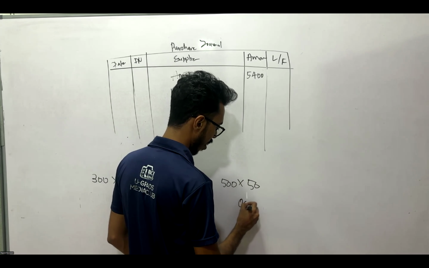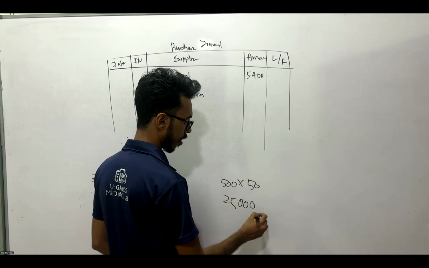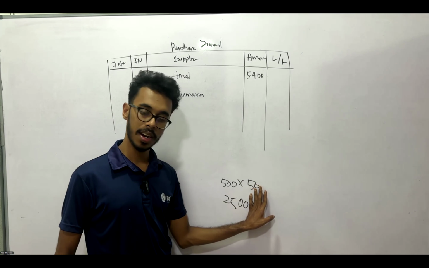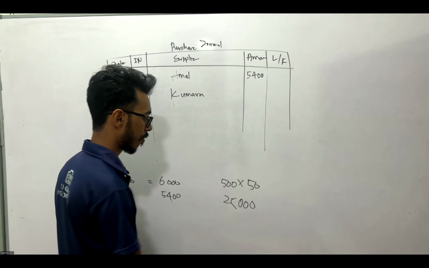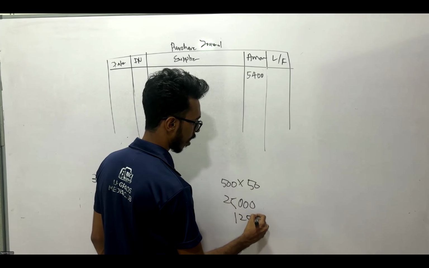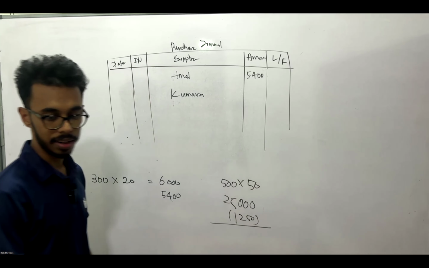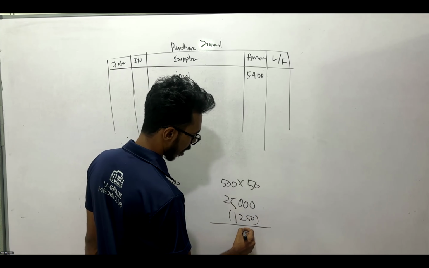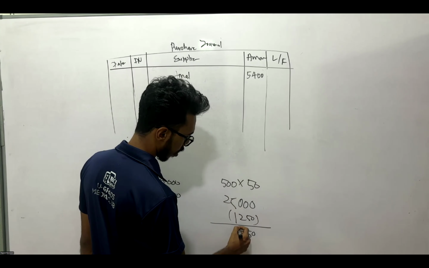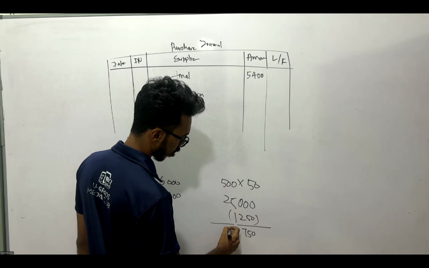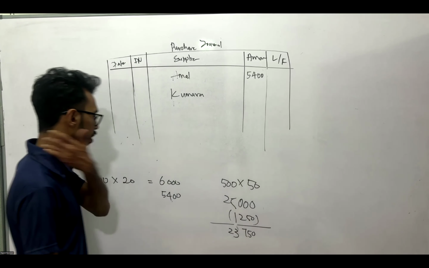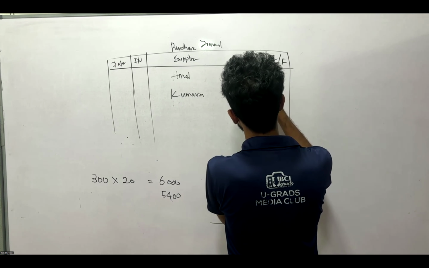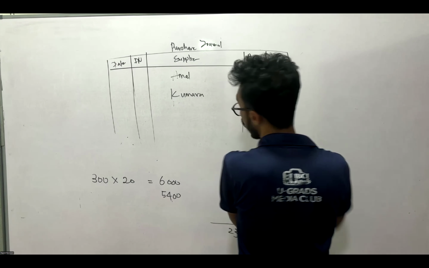So 50 saris at 500 each: 5 times 5, 25, so 25,000. 10% discount would make 2,500, so a 5% discount is 1,250. If you deduct 1,250 from 25,000, it gives you the purchase value, so that will become 23,750. So Kumara is again 23,750.